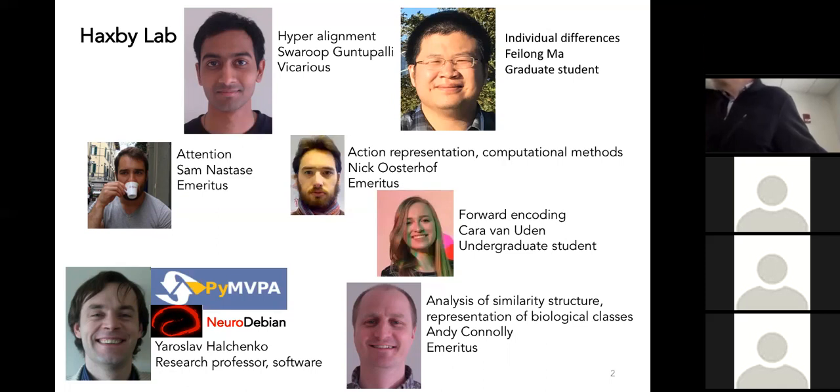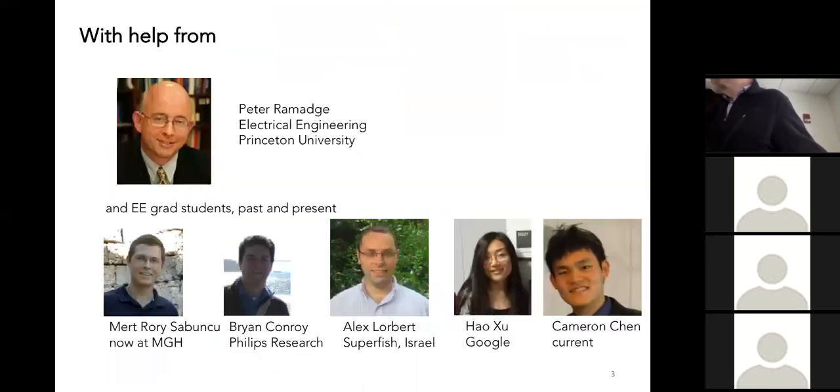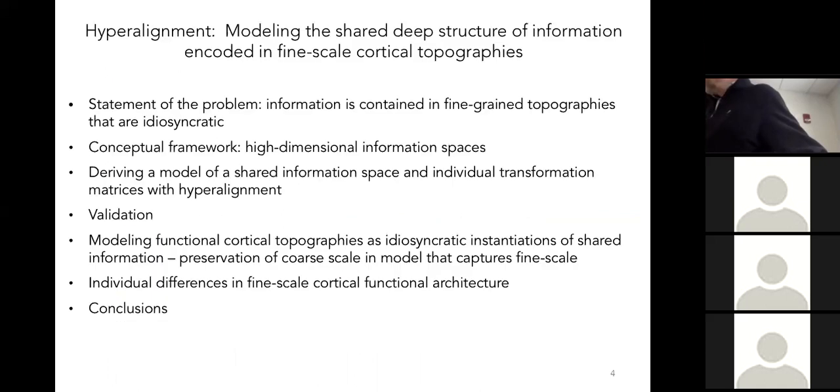And then this guy is Yaroslav Halchenko, who is a cognitive neuroscientist and software engineer, and a huge advocate of open neuroscience, and the co-developer of these software platforms that are widely used around the world. And then we've been collaborating with engineers from Princeton University, headed by Peter Ramadge, who is the chair of electrical engineering at Princeton. He's now the director of their machine learning initiative, and we've burned through a series of graduate students.